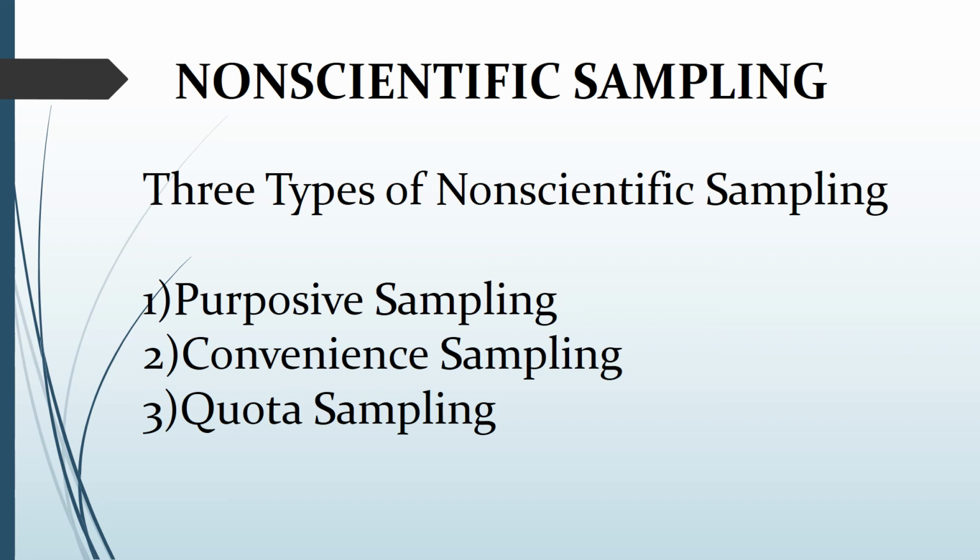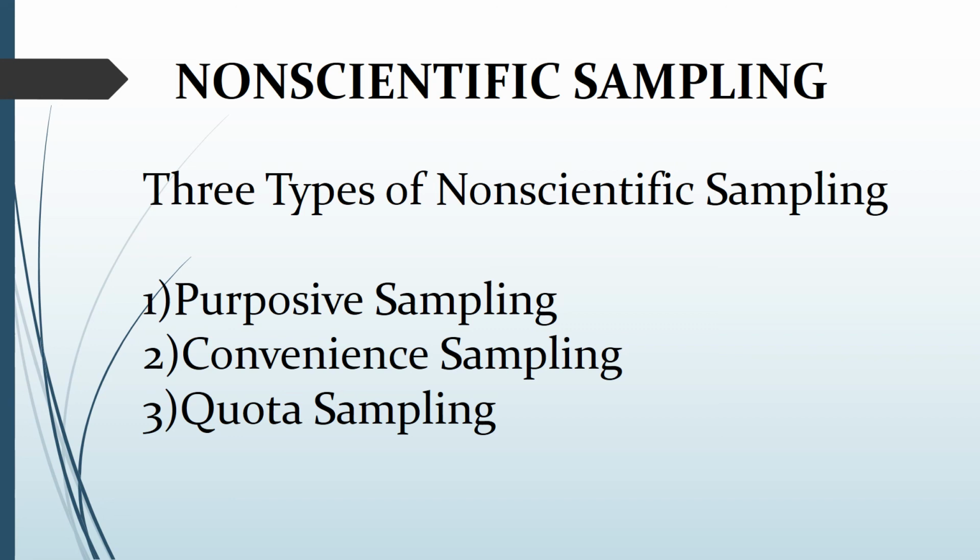Example of convenience samplings, we have, for example, number 1, female moviegoers sitting in the first row of a movie theater. And the next one is the first 100 customers to enter a department store. Then, last one is the first 3 callers in a radio. That is the sample of convenience sampling.